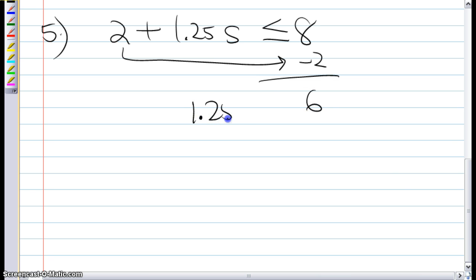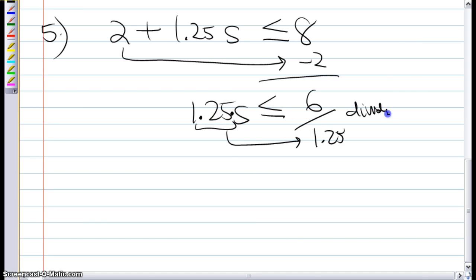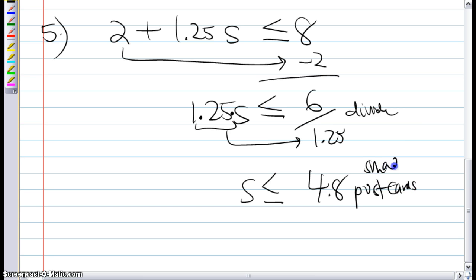So $1.25 times S is going to be less than or equal to $6. Then I'm going to take the 1.25 and move that over. Instead of multiplication, I want to do division. So in my calculator, 6 divided by 1.25 will give me S is less than or equal to 4.8.